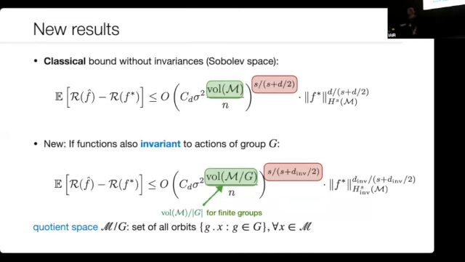The second reduction is in the dimensionality. Here we have the dimension of the quotient space, and that is as if I'm subtracting the dimension of the group. This applies for infinite groups. So we're getting two types of reductions in the sample complexity. One you can think of as multiplying the number of samples by the size of the group, and the other one is in the dimension in the exponent.